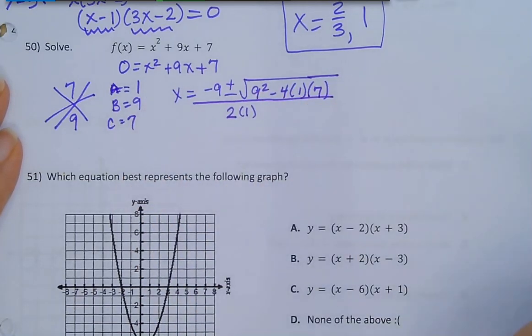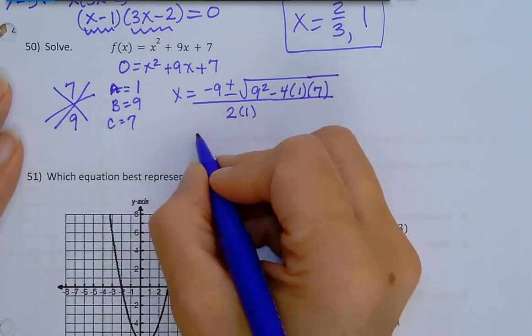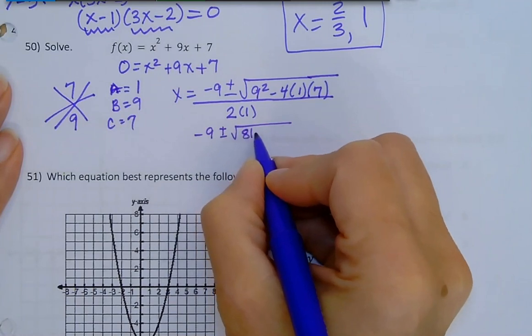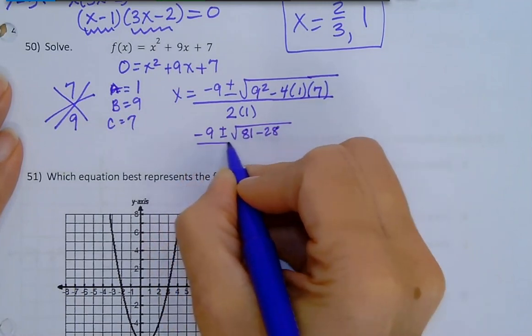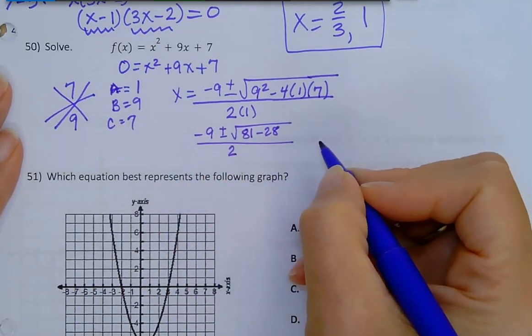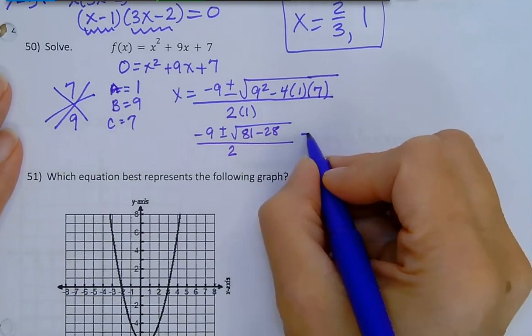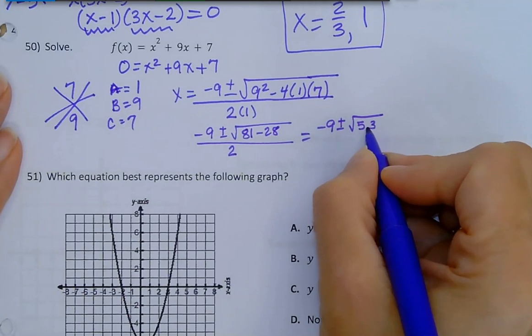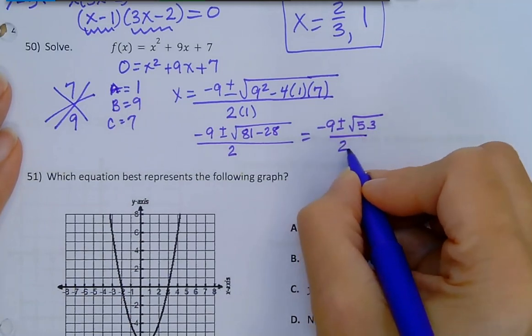Now I'm just going to work out that math, and I might have Desmos help me. So negative 9 plus or minus the square root of 81 minus 28, all over 2. That's going to equal negative 9 plus or minus the square root of 53, all over 2.